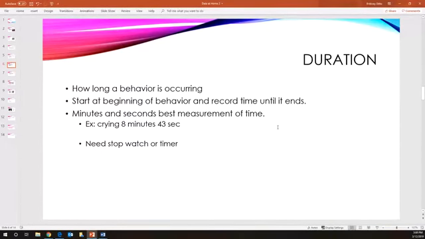And then you write down the length of time that it occurred. So an example on here was somebody cried for 8 minutes and 43 seconds. So the minute the crying started is when I started recording, and when it ended, that's when I hit stop. You can use a stopwatch, one of those up timers, or you could even use your smartphone, which is one of the best things around these days.